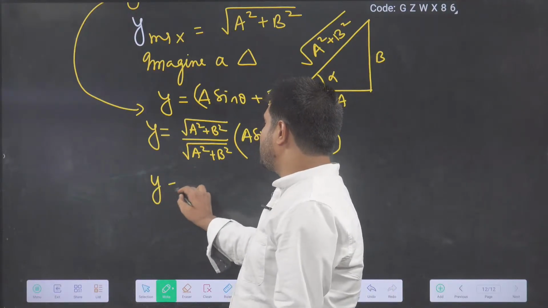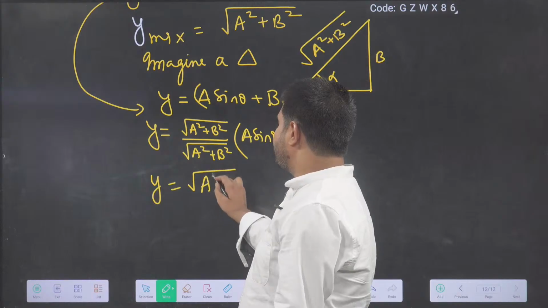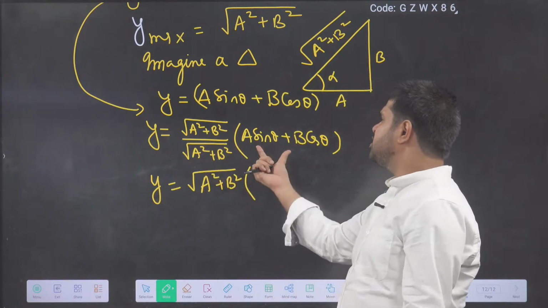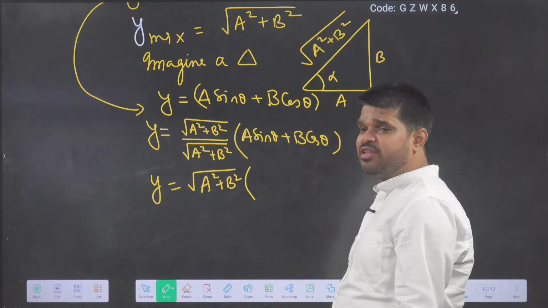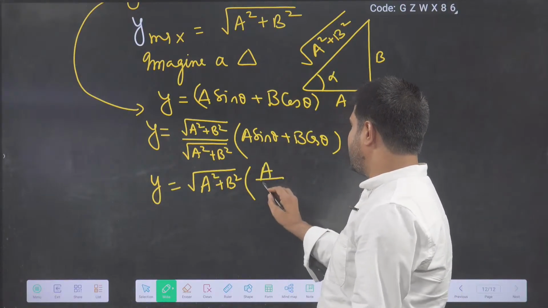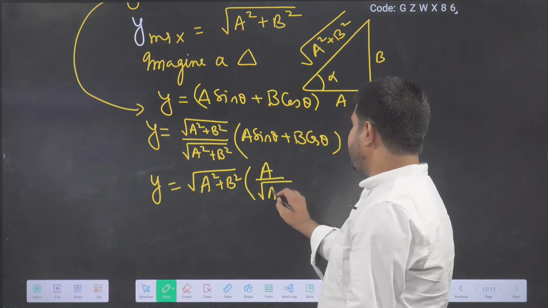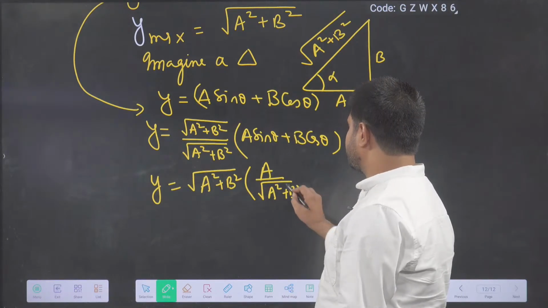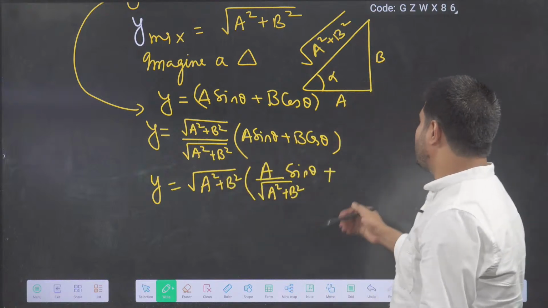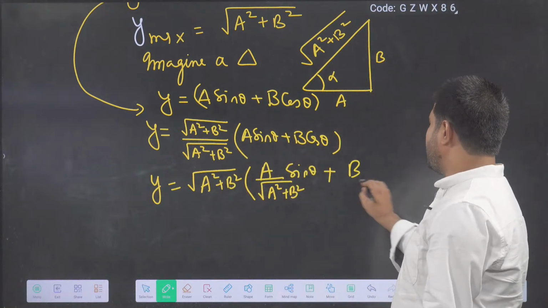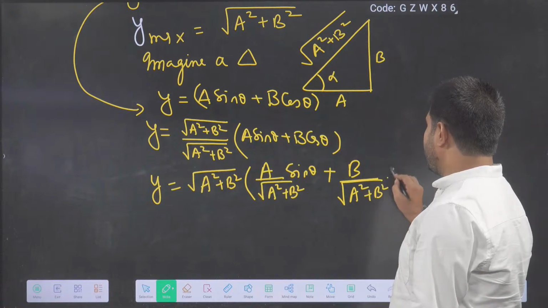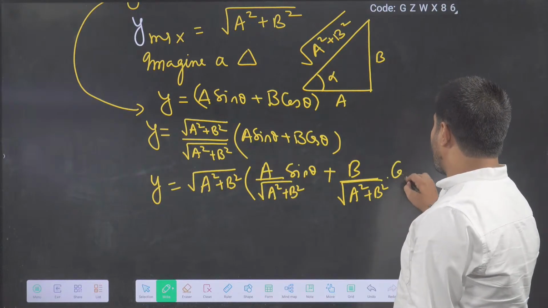So Y equals under root of A square plus B square. When this denominator goes inside, I am taking it separately with both terms. A by under root of A square plus B square into sine theta plus B by under root of A square plus B square into cos theta.